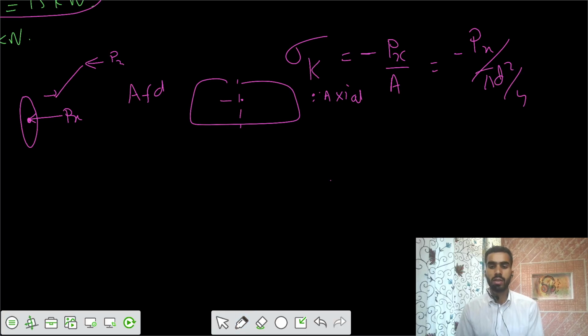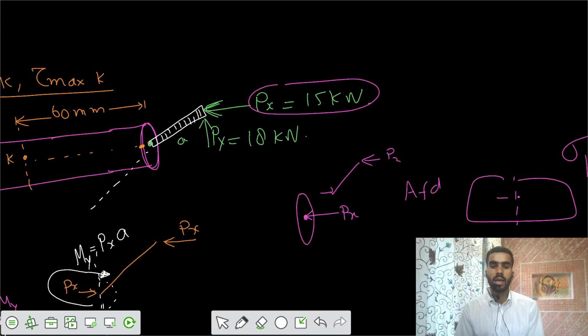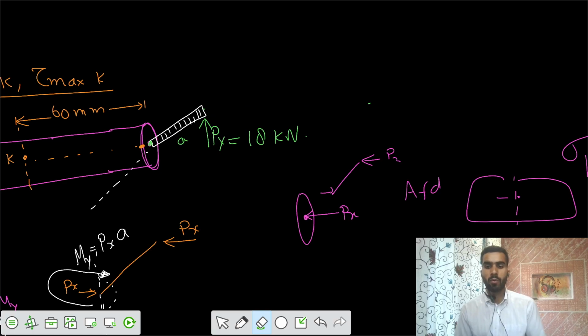That's the normal stress along the x-axis. Now you got the stresses because of that Px. So your Px part is over. Let's remove that Px part. Now we are having only the Py effect.